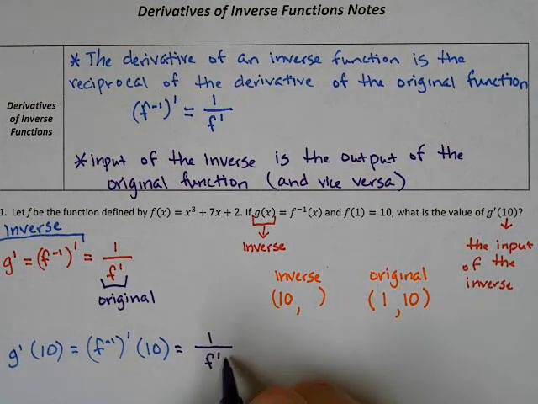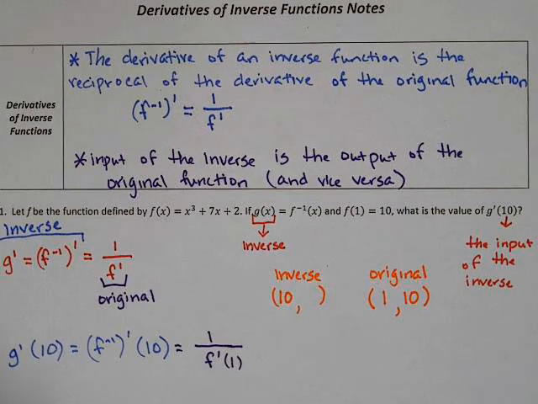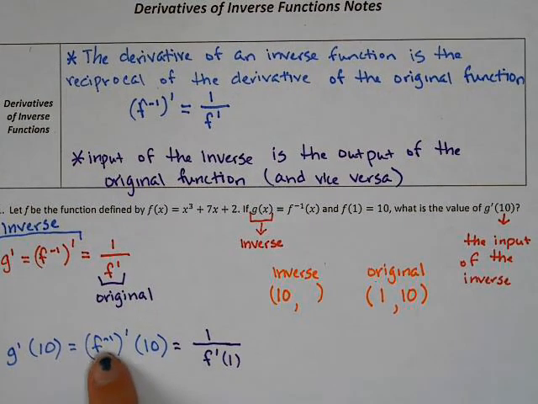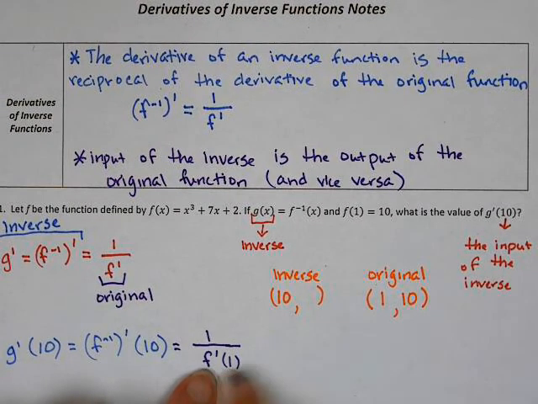So f prime of not 10, but 1. F inverse prime of 10 means we have to look at what was the input in our original function. So that's where this 1 is coming from.